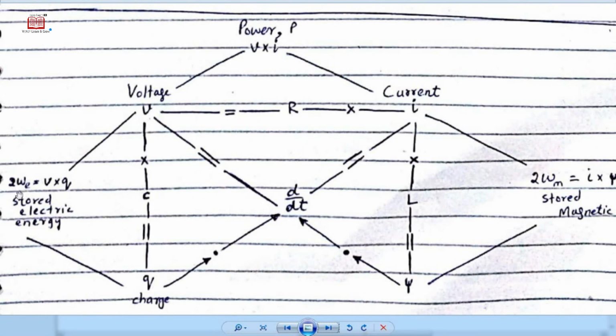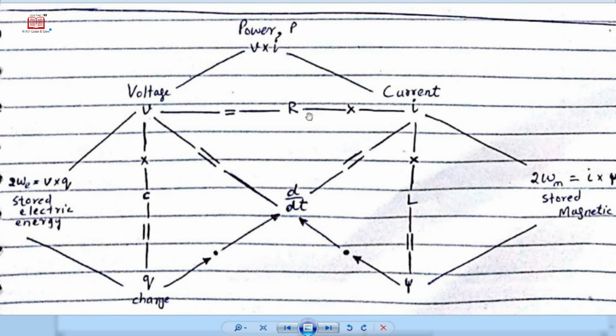W is a symbol from episode 1 or 2; we used the symbol W there. So 2WE means that the stored electrical energy is equal to V multiplied by Q. V is coming from this side and Q is coming from this side. By multiplying these two terms, this will become the stored electrical energy.